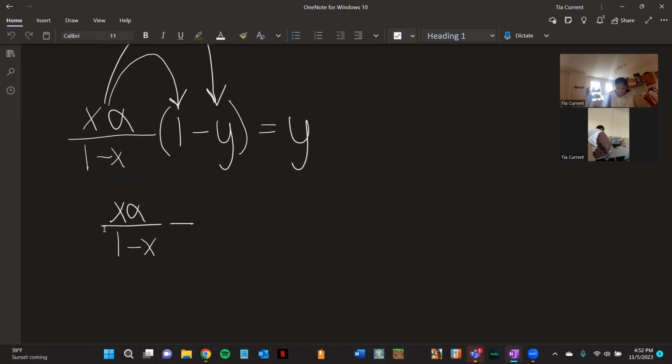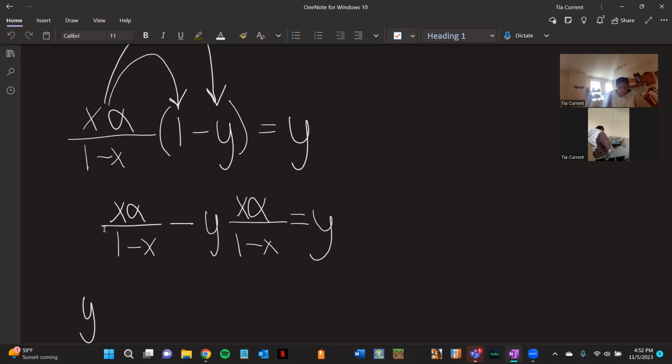Minus y times x alpha 1 minus x is equal to y. So then you're going to add that y to the other side once the note catches up to me. Yeah, so I'm just going to take the y out already.